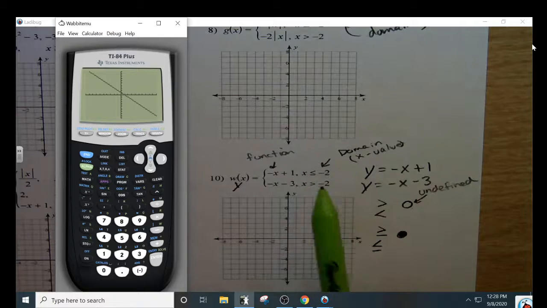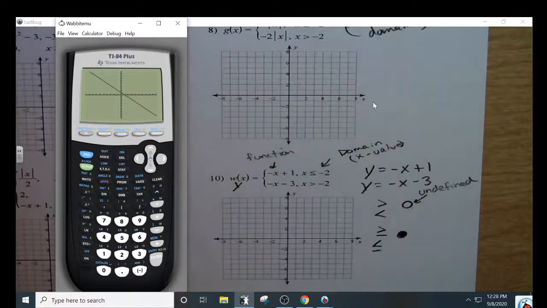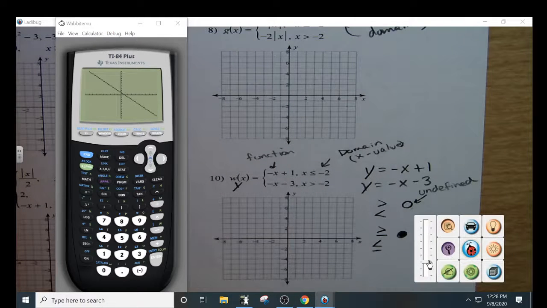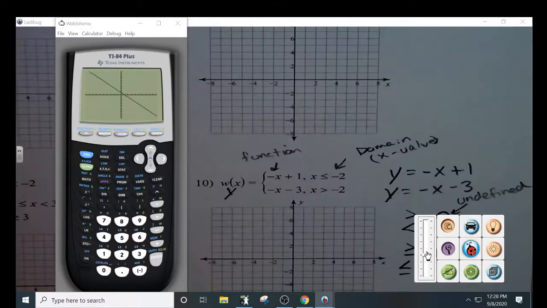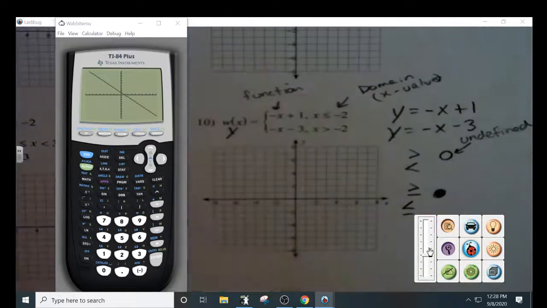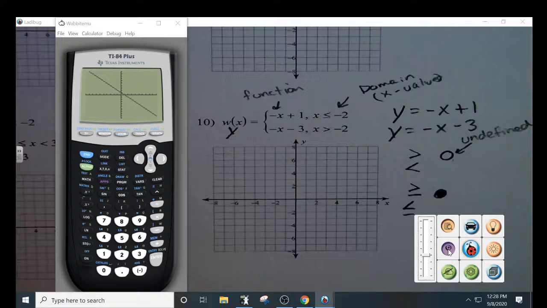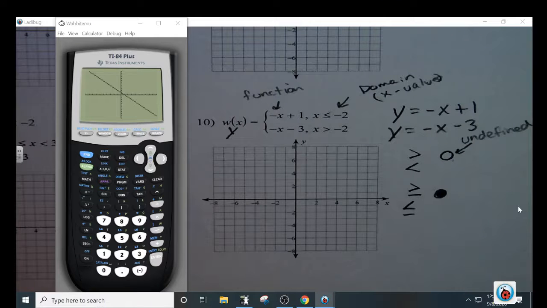Okay? Now, so what you're going to do is you're going to graph it where it tells you to. All right? Now, so guys, x values less than or equal to negative 2.